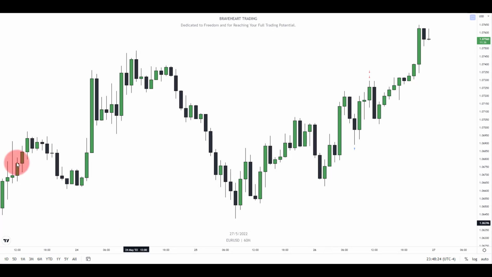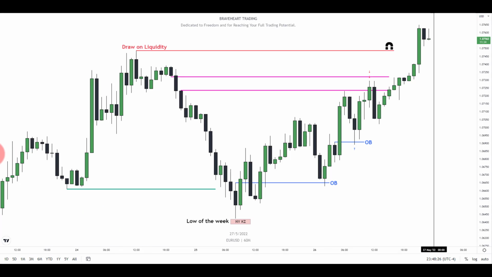So here's the reason and logic behind my trade. I saw that price had taken out key lows here, which is previous day's lows. You can see that we have space and time between this low and this low, which means there's liquidity resting underneath there.